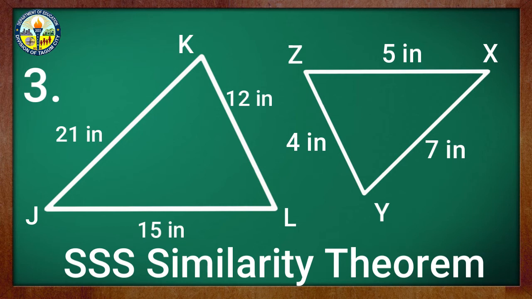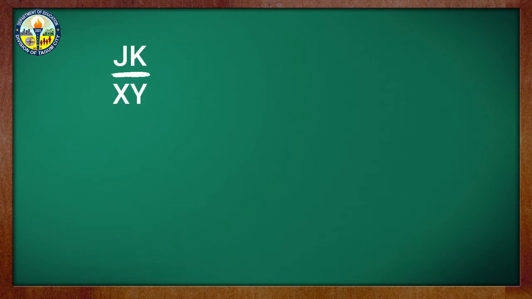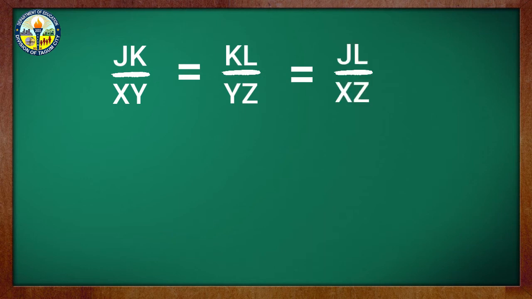It is because in the given illustration, the three sides of the triangle JKL are proportional to the corresponding three sides of triangle XYZ. JK over XY is equal to KL over YZ is equal to JL over XZ.